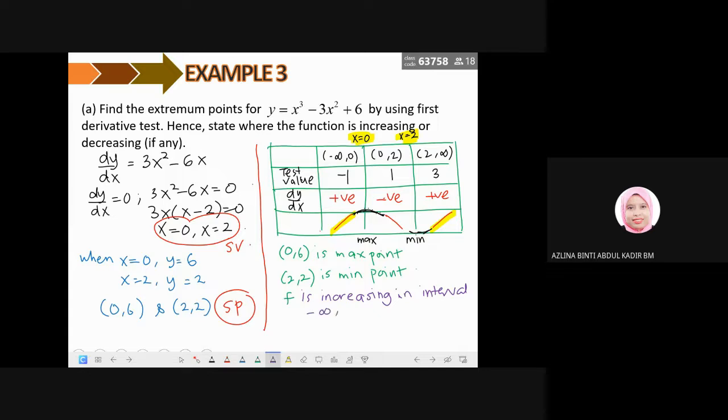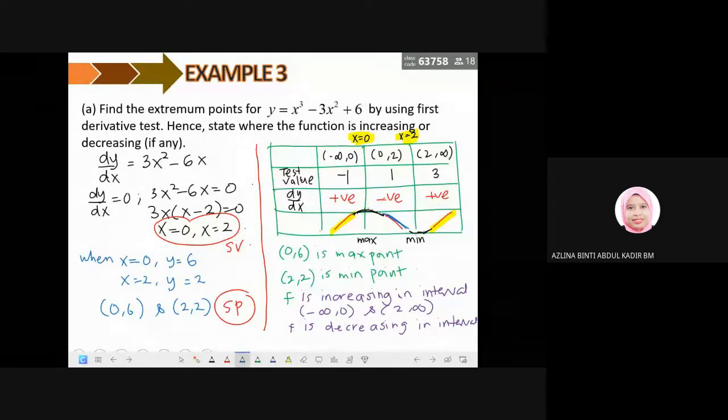And f is decreasing in the interval 0 to 2.